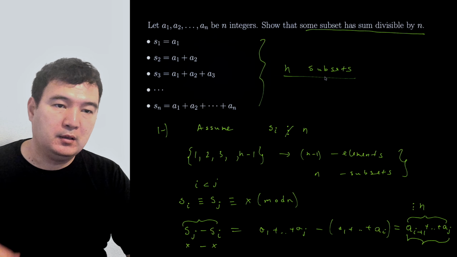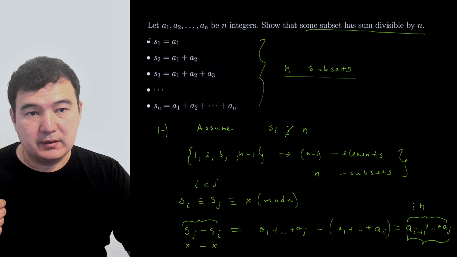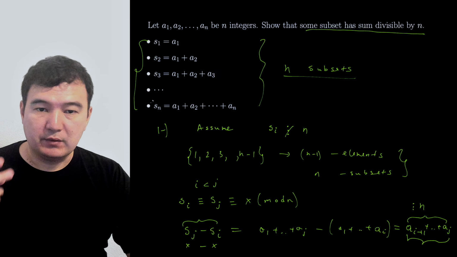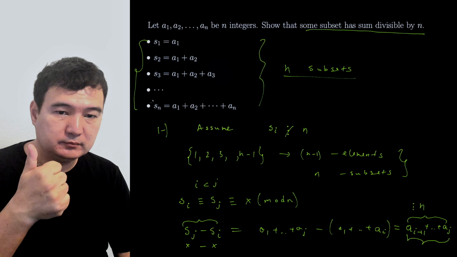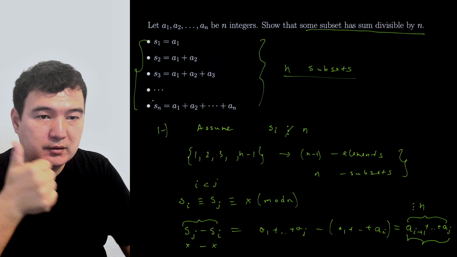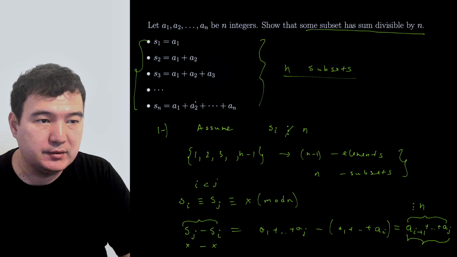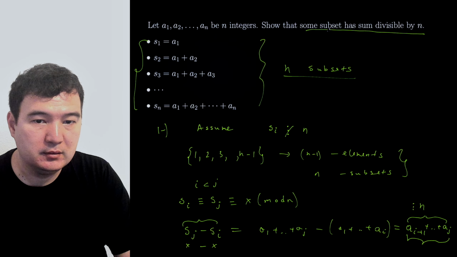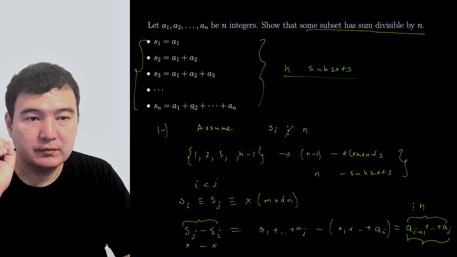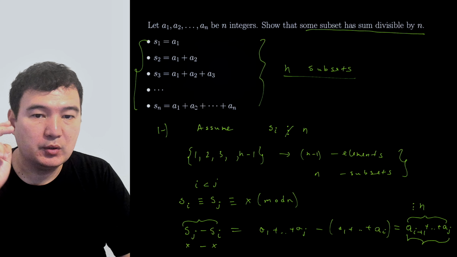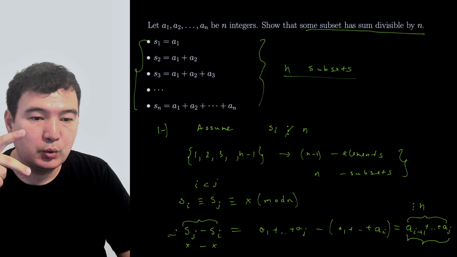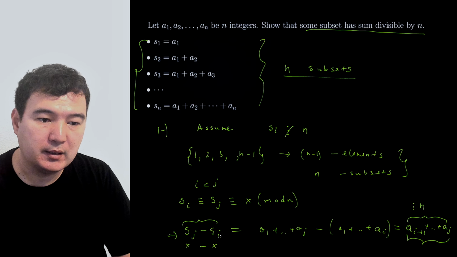So looking at these prefix sums, you have two options. First, either one of these n numbers is divisible by n, and then it proves the statement. If none of these are divisible by n, then you can find two whose difference is divisible by n.